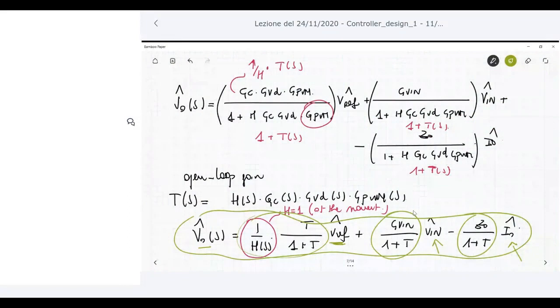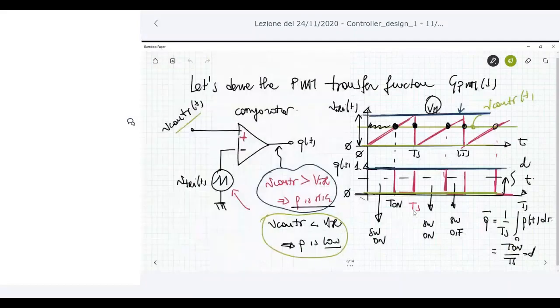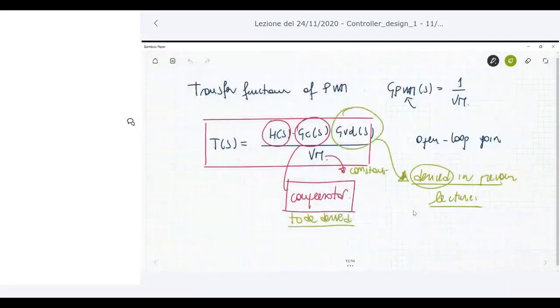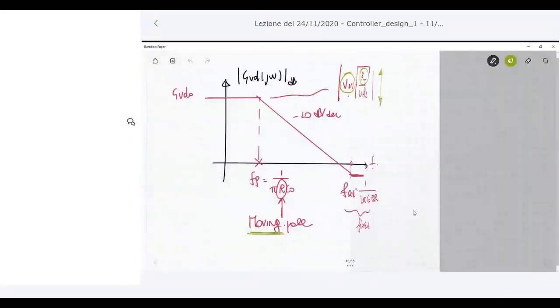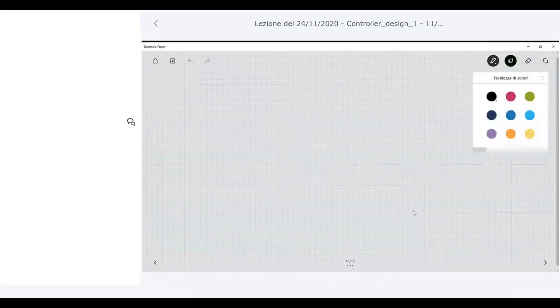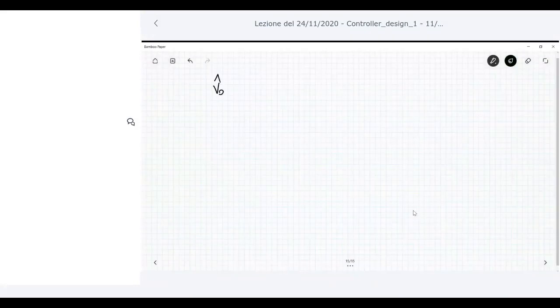It is instructive to see what happens when, for example, the open loop gain is very large, because this is my goal. So let's take the V naught over V in transfer function when Vref is null and when E naught is also null.